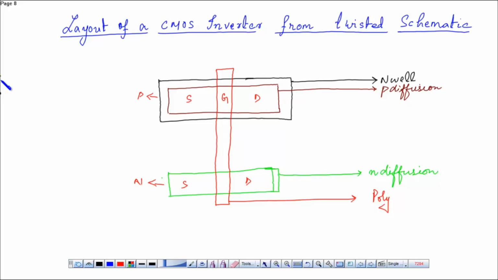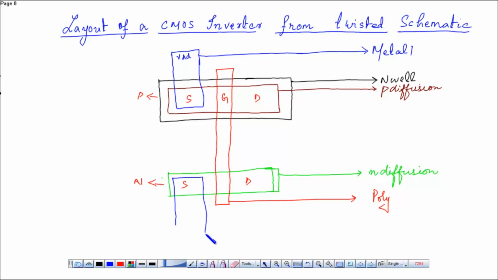Now the source of the PMOS is connected to VDD. So this is VDD and this is metal 1, and the source of the NMOS is connected to ground.